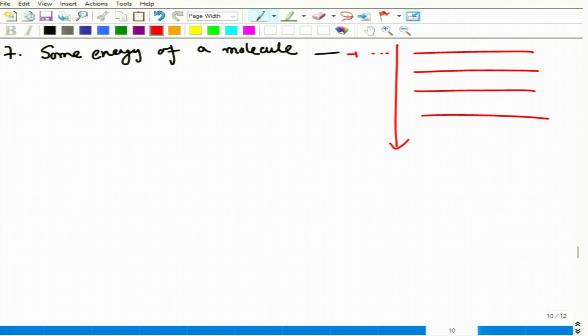This is minus E, this is minus 4 by 3 E, minus 2E, and so on. Not up to the scale, but this is. There are two transitions. This one, corresponding wavelength is lambda 2, this is lambda 1. Then they have asked the ratio of the wavelengths. It's an easy question, just lambda 1 divided by lambda 2 they have asked.